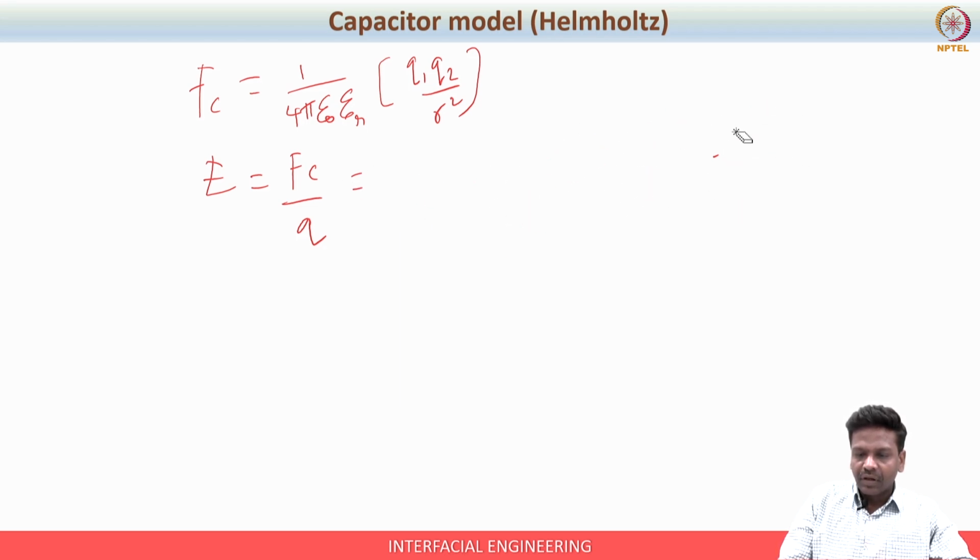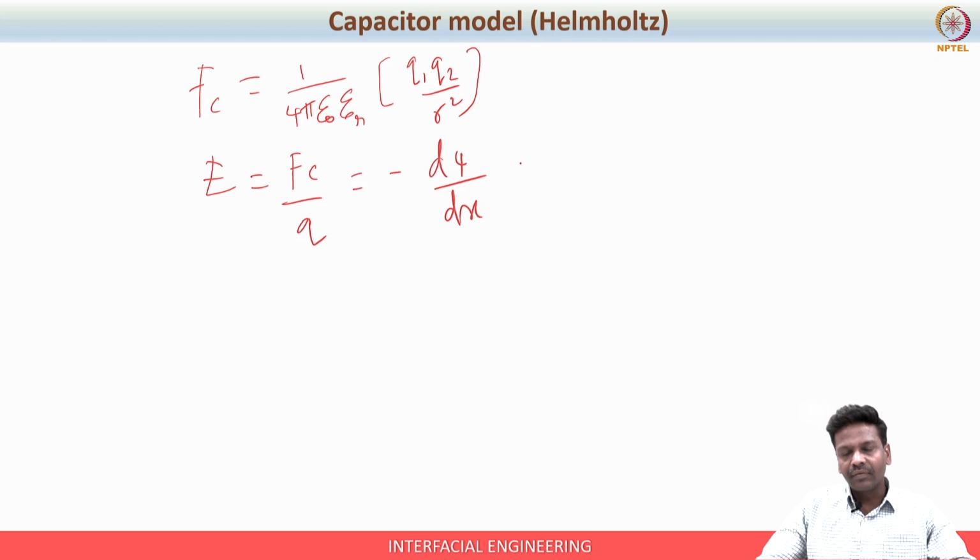This is also nothing but minus d psi by dx. So the electric field can also be expressed as the negative potential gradient, d psi by dx, which is also volt per unit length.